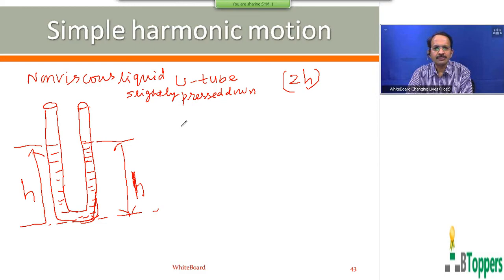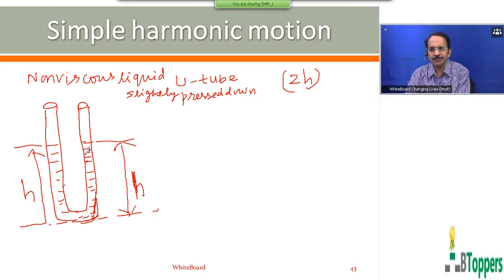I am going to discuss the calculation of the time period of simple harmonic motion of the particles of the liquid in terms of this H and the acceleration due to gravity at the given place. Here H represents the vertical height of the liquid in each limb in equilibrium position.